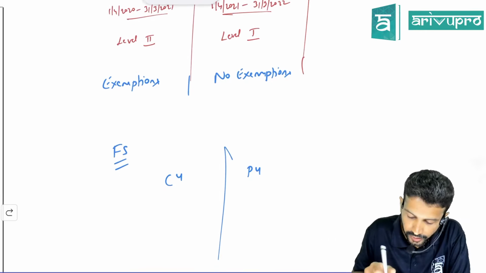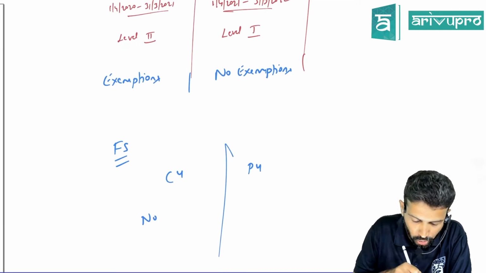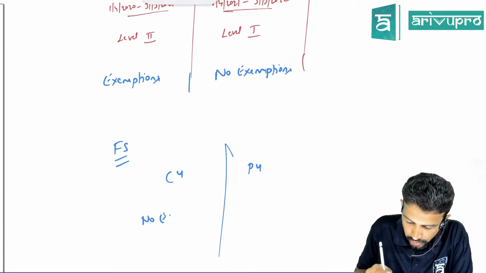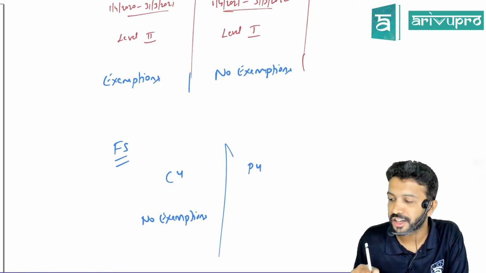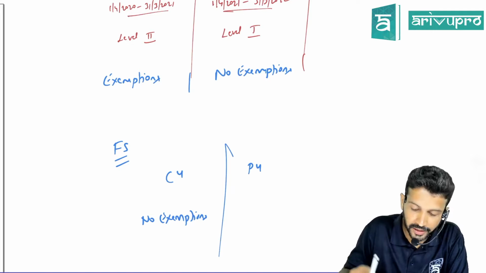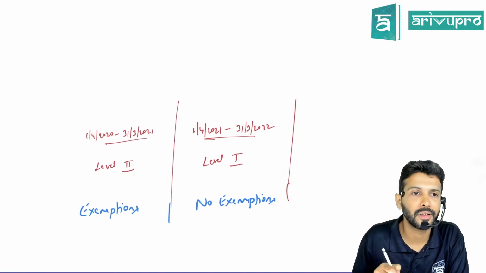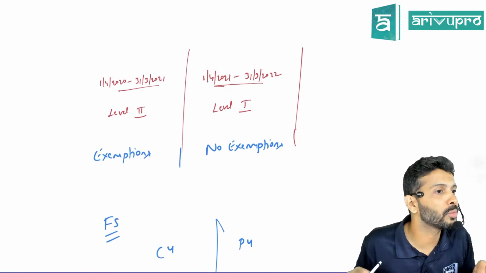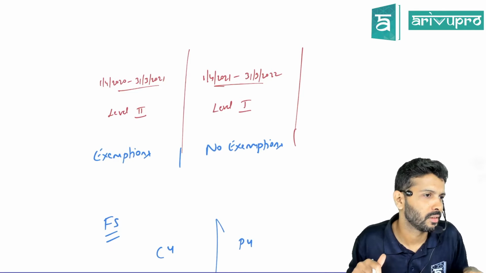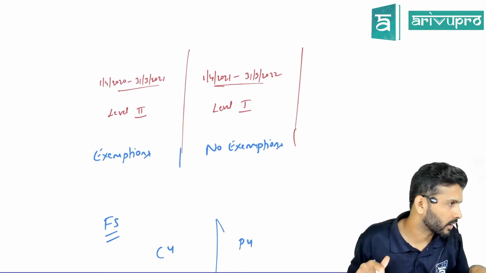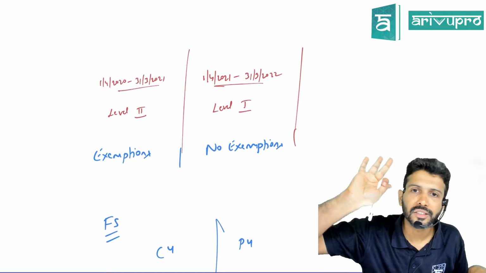Current year, no exemptions. Previous year, you took exemptions. Like AS3 stands for cash flow statement. Current year, your financial statements will have a cash flow statement. Last year, no. AS17 is for segment reporting. Current year, you will have segment reporting.